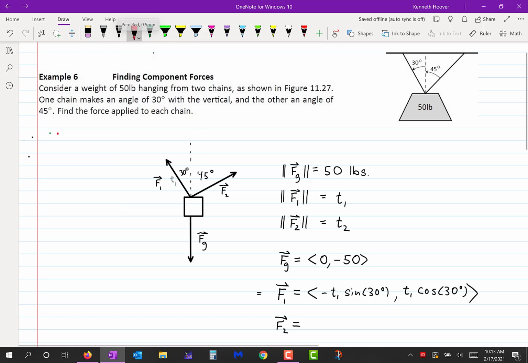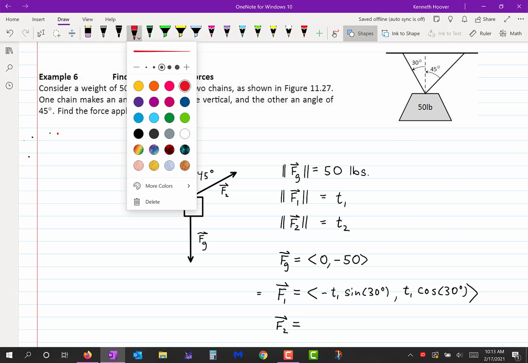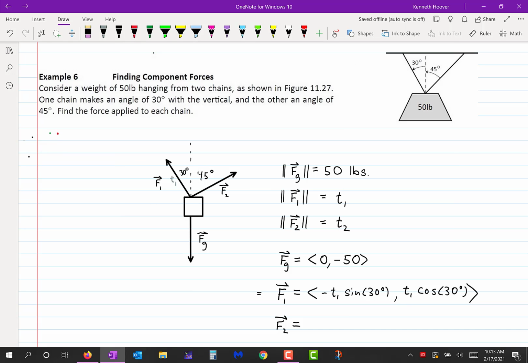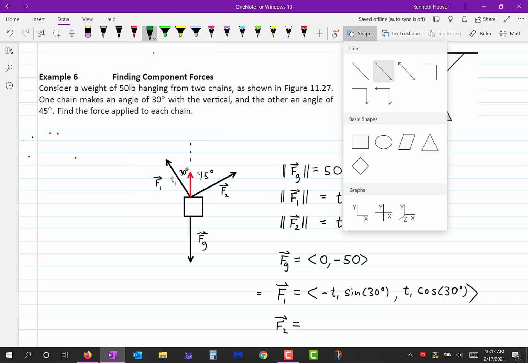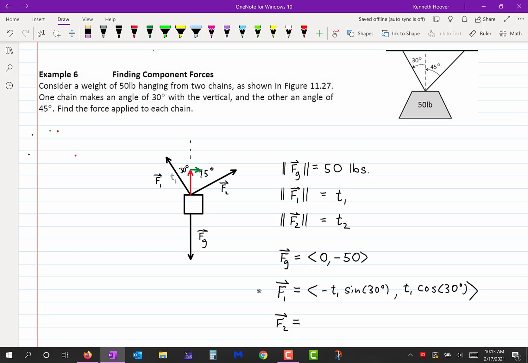So this time we're going to have the vertical vector looking like this, the horizontal vector looking like this, okay. How long is that red vector? It's T2, so let's write the T2 down, by the way.